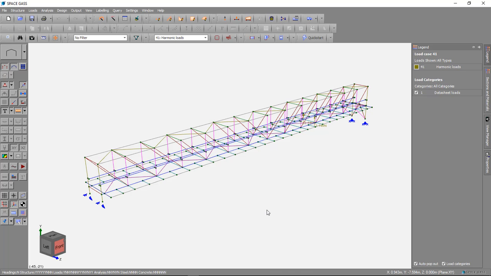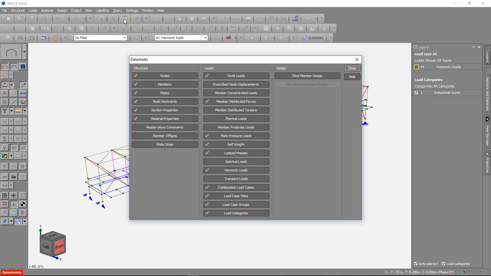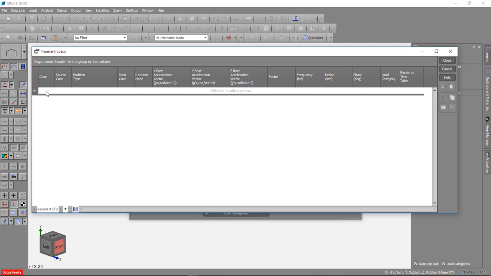So using the same structure, I can create transient load cases as well. So let's start with, let's call it 100, load case 101. I'm going to use the same information as I used in the harmonic analysis, and for my problem type I'm going to say it's a harmonic problem type. Same mass load case.